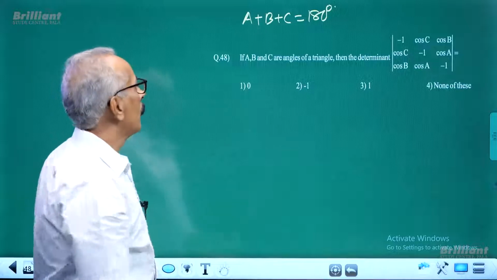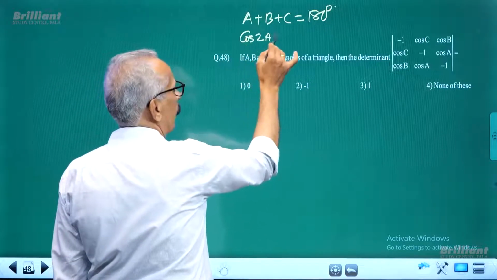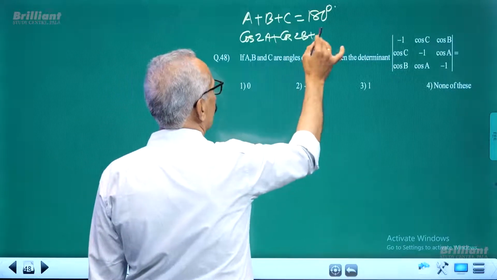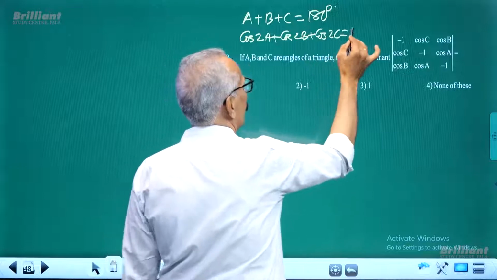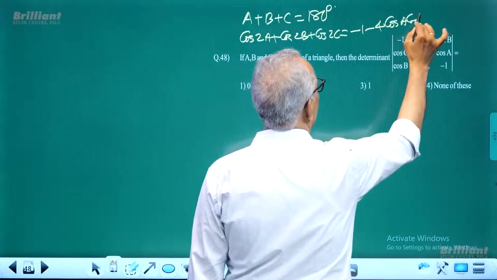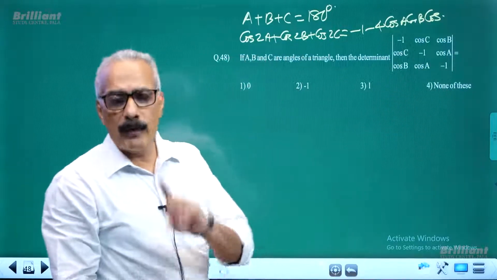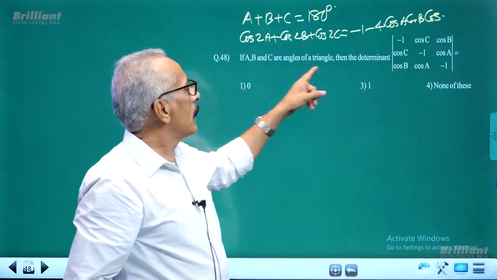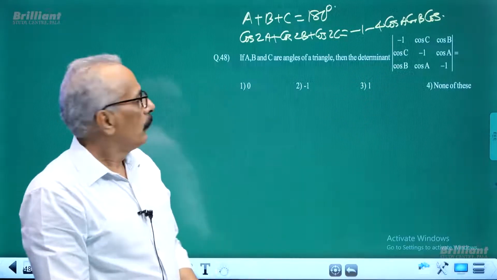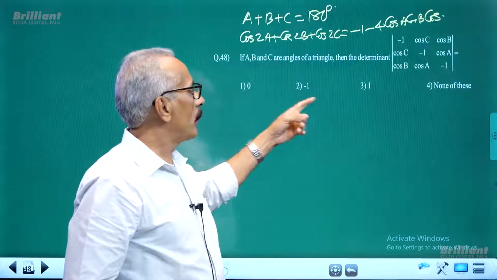And you remember this, in a triangle ABC condition: cos 2A plus cos 2B plus cos 2C is equal to minus 1 minus 4 cos A cos B cos C. This you should remember. But I advise you, ABC are angles of a triangle, this determinant is equal to? Your answers are complete in terms of some constant: 0, 1, minus 1, etc.